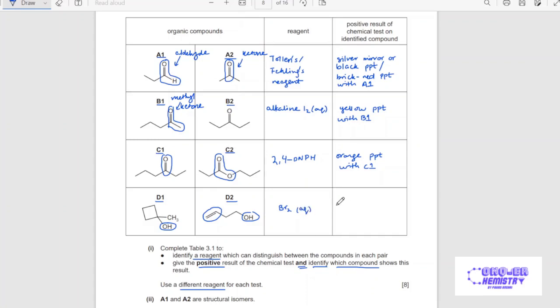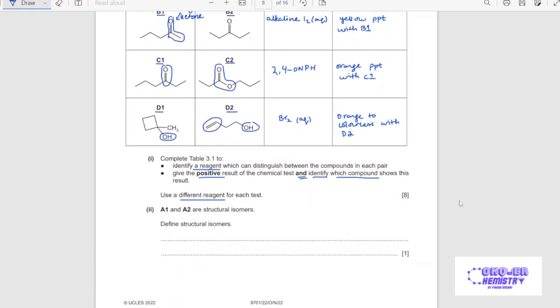And you could say that it goes from orange to colorless with D2. All right. And so that is going to be the tests that we're going to do to identify these from each other, to distinguish between them.